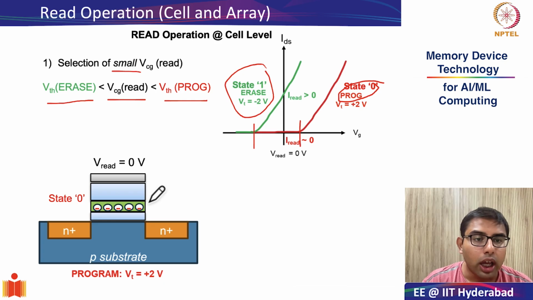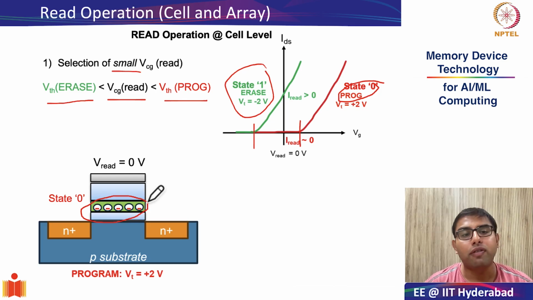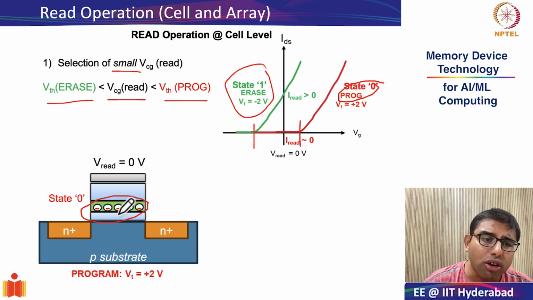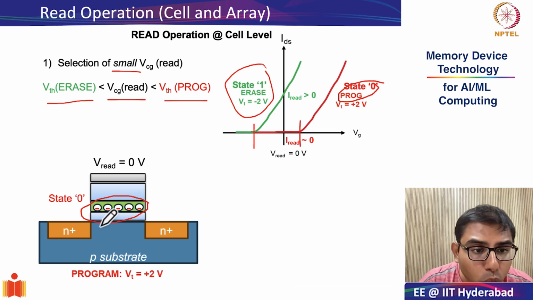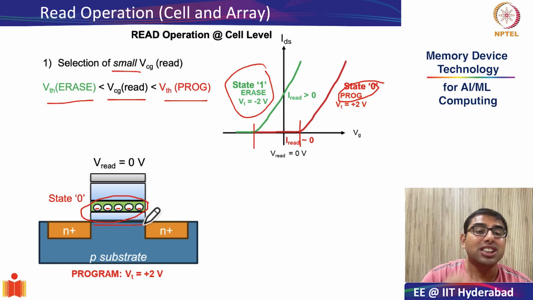This is because in the program state there are electrons stored in the floating gate of the flash cell. And if there are electrons stored in the floating gate of the NAND cell, of course the threshold voltage will be significantly higher, because now the gate bias has to work harder to first remove the accumulated positive charges which were induced by the negative electrons which were trapped in the interface.